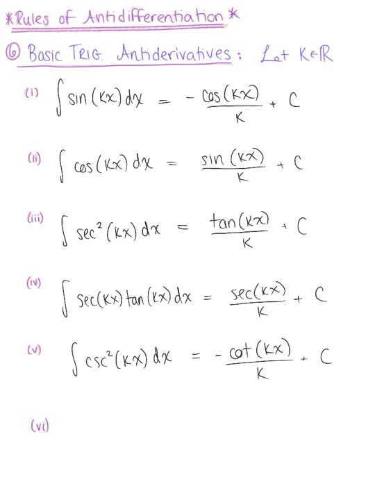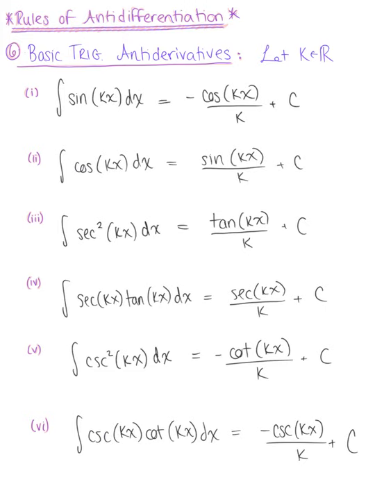And last but not least, if we have the integral of cosecant of kx times cotangent of kx dx, this antidifferentiates to minus cosecant of kx divided by k plus c.